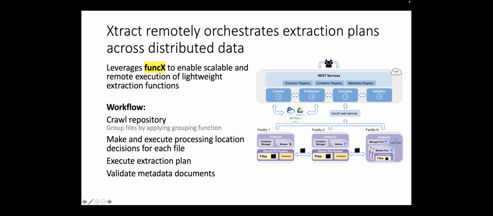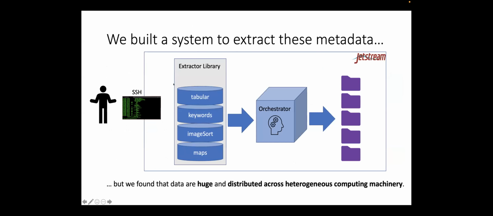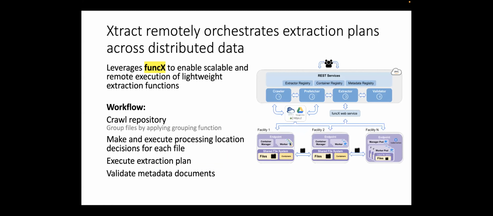What it does is leverage FuncX to enable scalable and remote execution of lightweight extraction functions. On this last slide, when I showed you this extractor library, for example the tabular extractor, all it is is a function and a container that has all the dependencies for that function, which fits really great into the FuncX ecosystem that allows you to run your FuncX workers as containers, right?